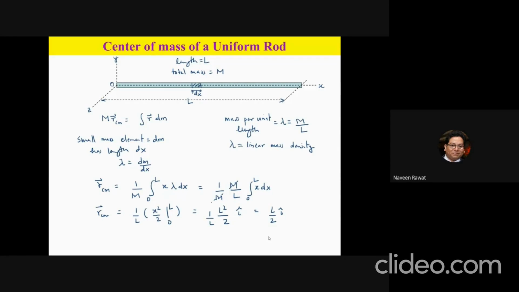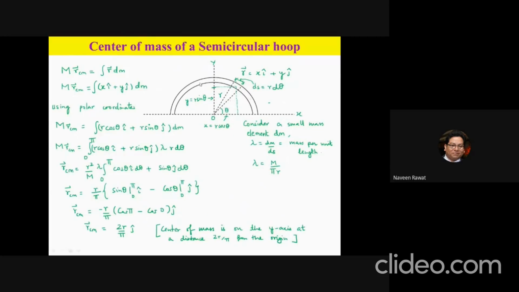Now ask what will be the center of mass for a hoop, which is semicircular. So now I'm going to consider this, and again we have to choose our point of origin. For convenience I have chosen it to be in the center of this circle.